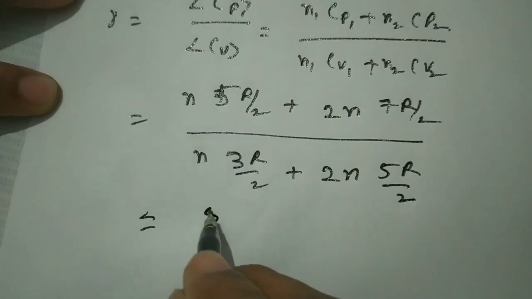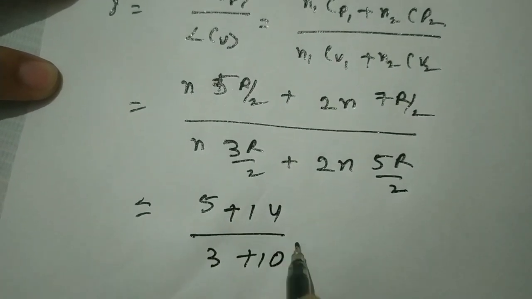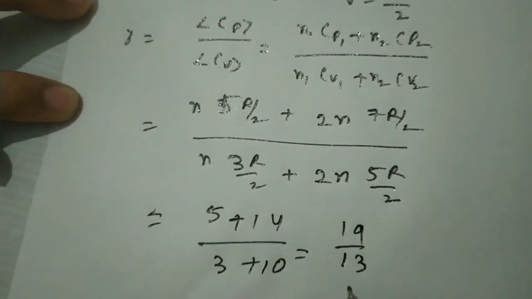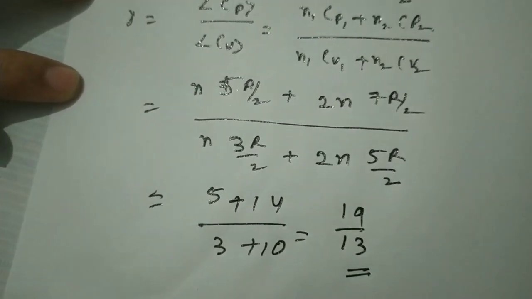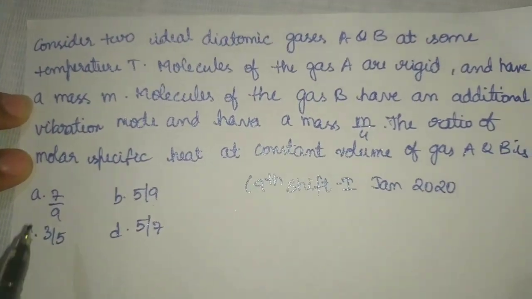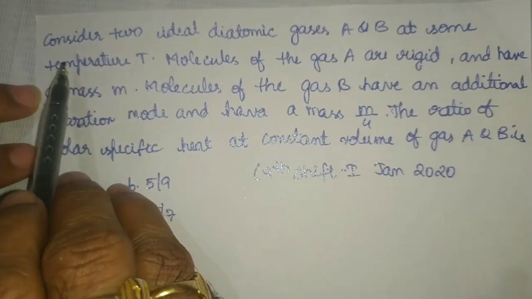So, 5 plus 14 divided by 3 plus 10, that is 19 by 13, is the gamma of the mixture. So, the answer is C. So students, let us consider the next question in thermodynamics of JEE Main 2020 problems.